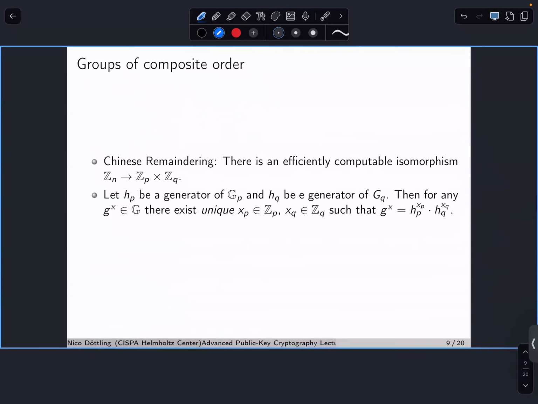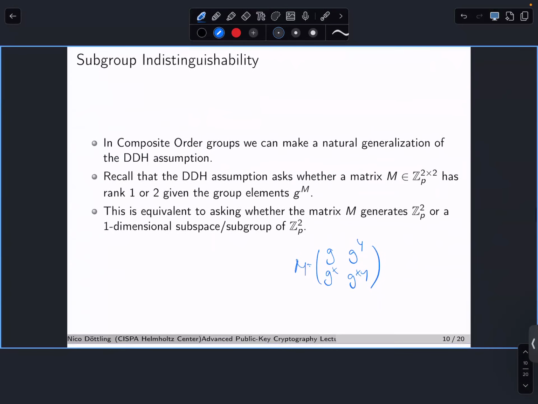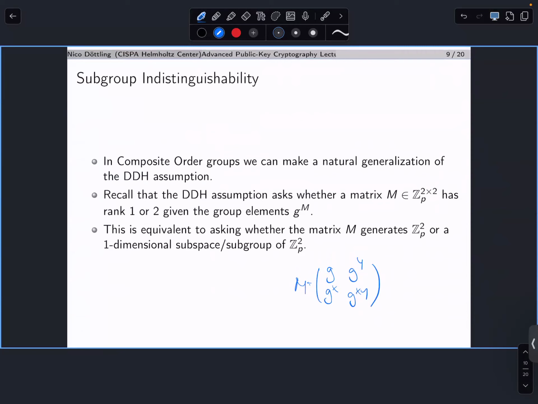Now we're interested in hardness assumptions in such groups of composite order.